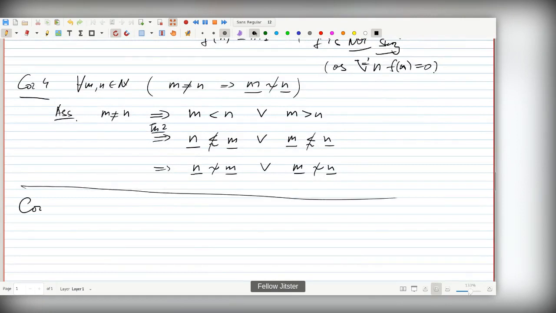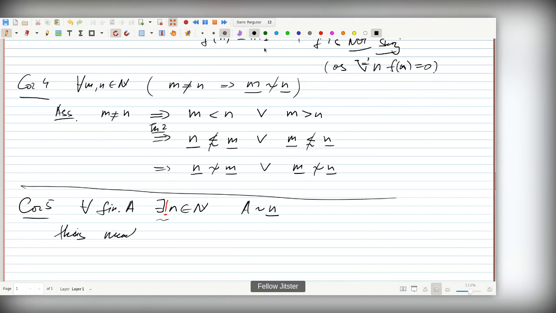So for distinct n and m, the sets m underlined and n underlined are necessarily not equivalent. Hence, for every finite set A there exists a unique natural number n such that A is equivalent to n underlined.